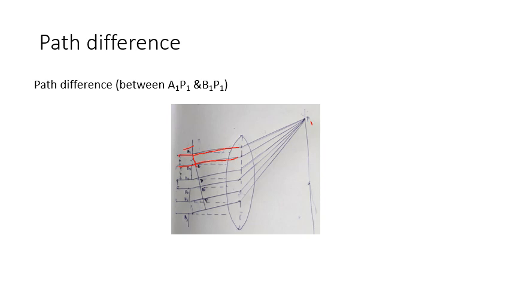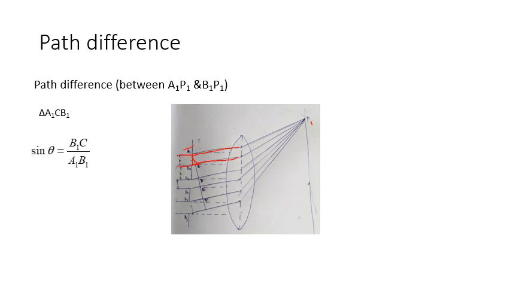So this is the normal line, and here we are getting a triangle. This is the triangle A1, C, B1, where I am going to apply the sine law.